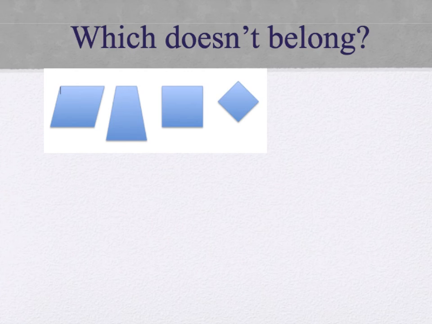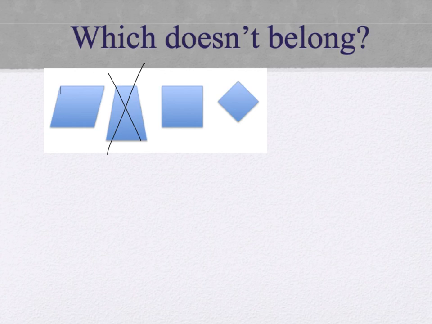Okay, and finally, which shape does not belong? This one is a little bit more complicated than last time. Try to think if you can figure this one out. Alright, so the shape that does not belong here is the trapezoid. The reason this one does not belong, you would have to figure out how these shapes are sorted.